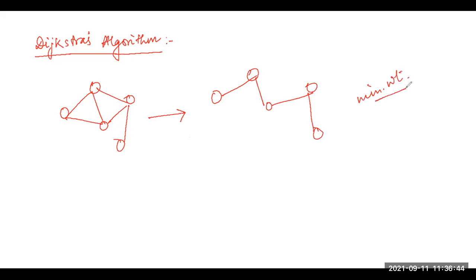A minimum cost. But in doing so, suppose this edge is excluded. So we cannot directly go from here to here. So it may happen that we have to go here via this. So this is the concept.